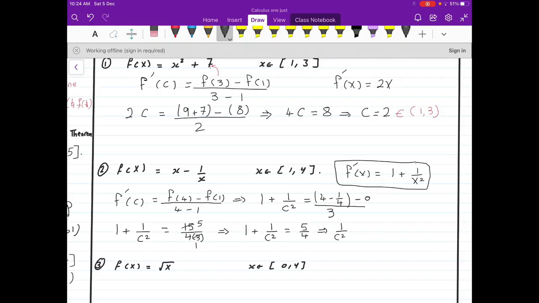So 1 over c square = 5 over 4 - 1. So 1 over c square = 1 over 4. So c square = 4. So we get two values of c. c = plus minus 2. أي c رح تختار؟ أكيد حنختار إنه c = 2. why؟ لأنه هاي 2 belongs to the open interval 1, 4.